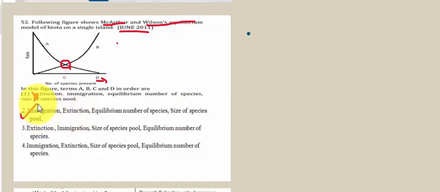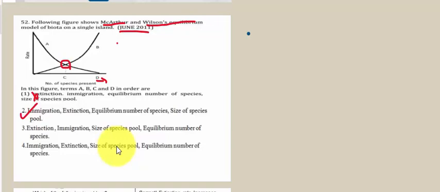Let's see the third option. The A is extinction, no. And the fourth option, immigration, that is right. B is extinction, right. But C is not the size of species pool. C is the equilibrium number of species and D is the number of species that is present.